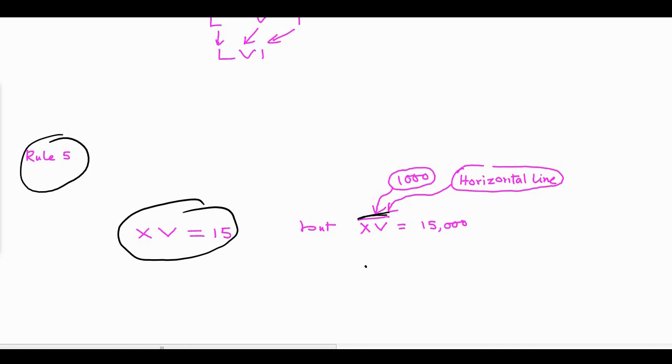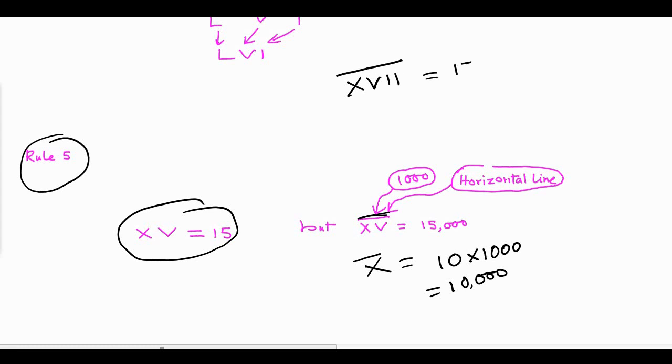If something is written like this, X with a line, that means 10 multiplied by 1000, that means 10,000. If this is 17 with a horizontal line here, that means 17 into 1000, that means 17,000. This is rule number 5.